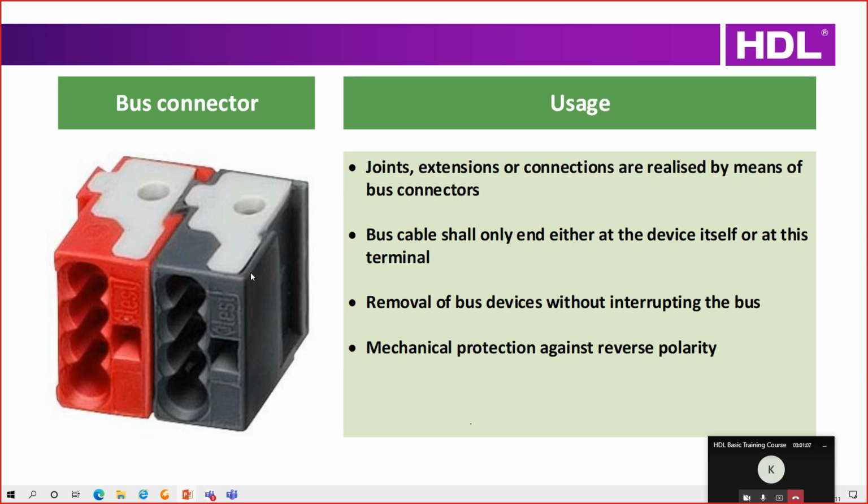Bus cable shall only end either at the device itself or at this terminal. Otherwise, it will cause some accidents. So make sure that bus cable is ended either at the device itself or at this terminal. It is very important. Otherwise, it may cause some bad accidents.